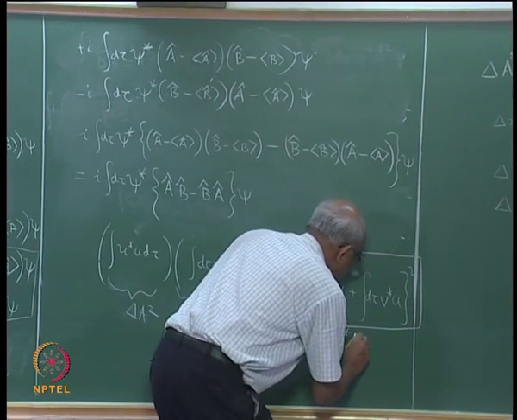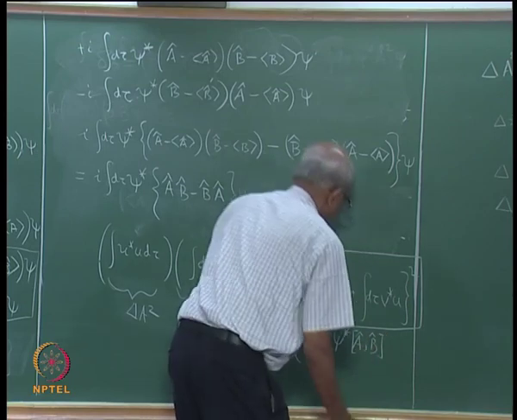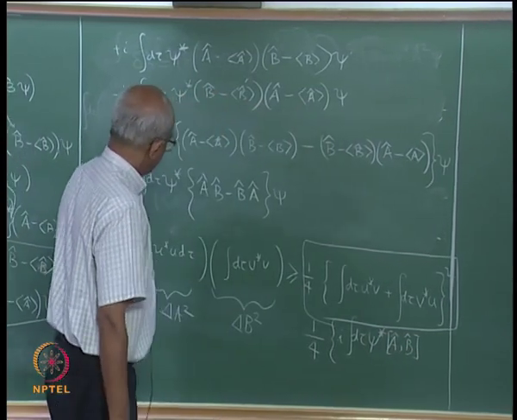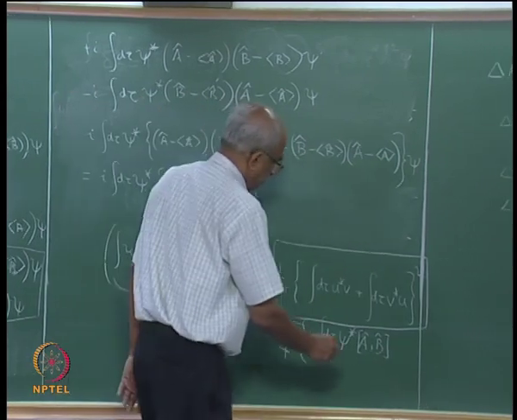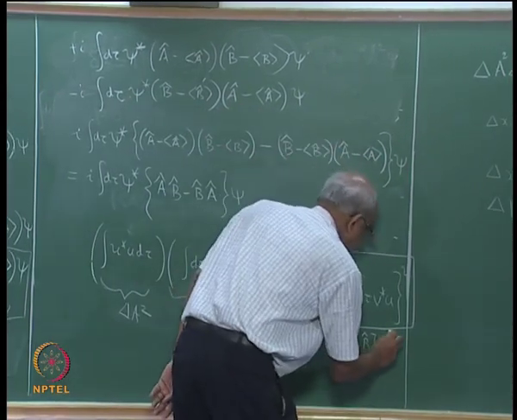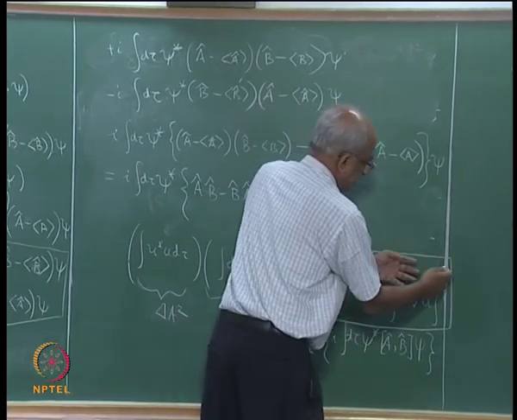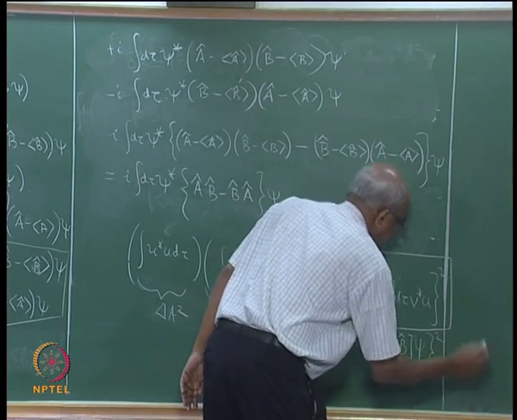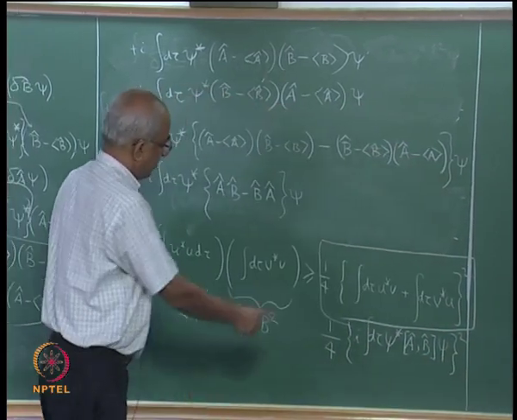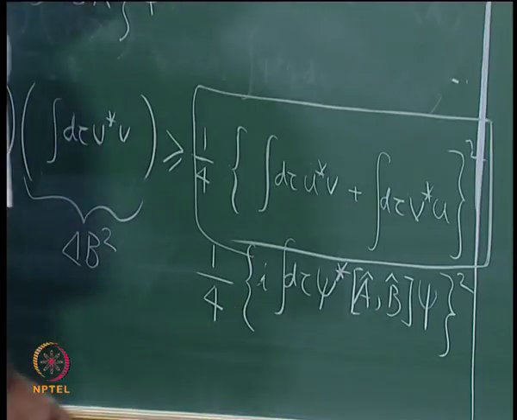So therefore you get the commutator of a and b. This is just shorthand notation, right? And then I have to put psi here and close the bracket. So this is the object that I have written, but I remember I have a square here. So the right hand side evaluates to be this.